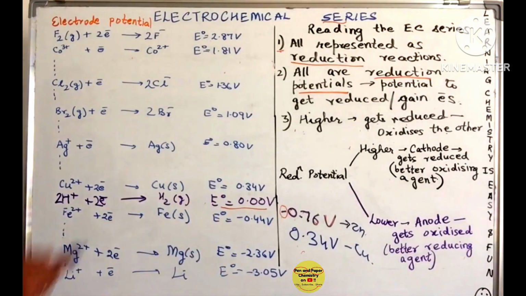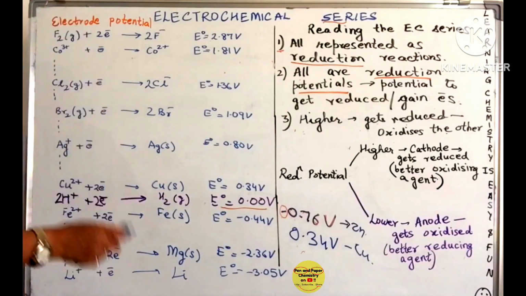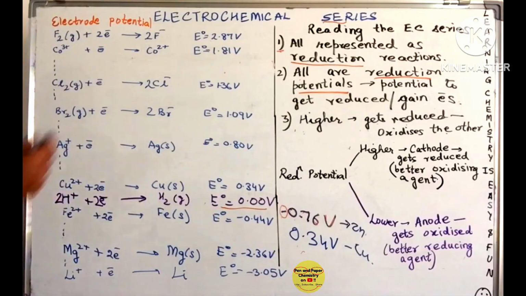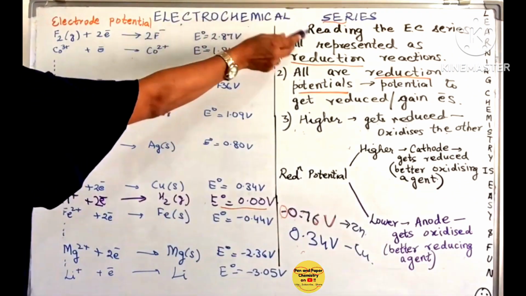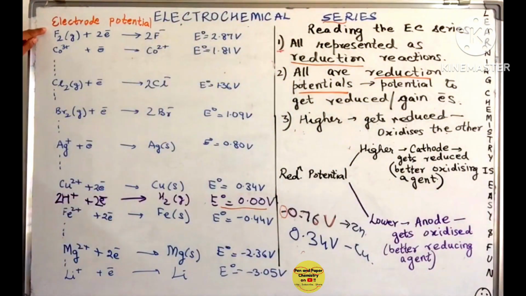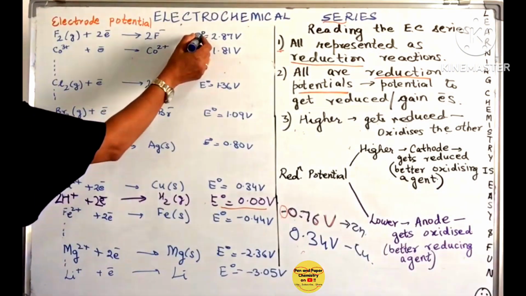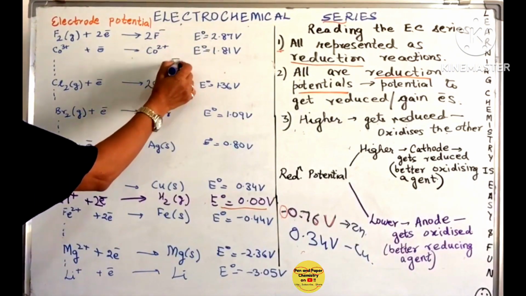So what is happening is the standard electrode potential. And which potential is it? Reduction or oxidation? Perfect, it's the reduction potential. So what we have done in electrochemical series is arranged the elements in the order of their decreasing standard reduction potential. How do you know that it is standard? Yes, you see the small 0 sign on the head.